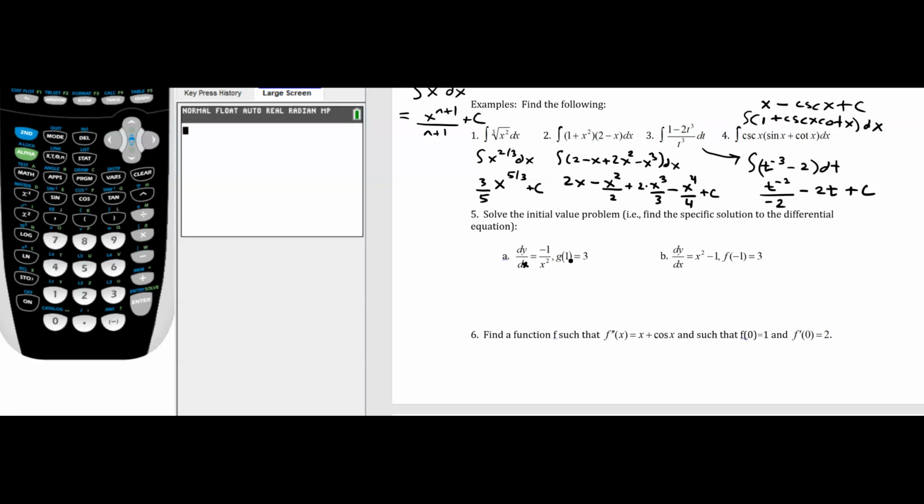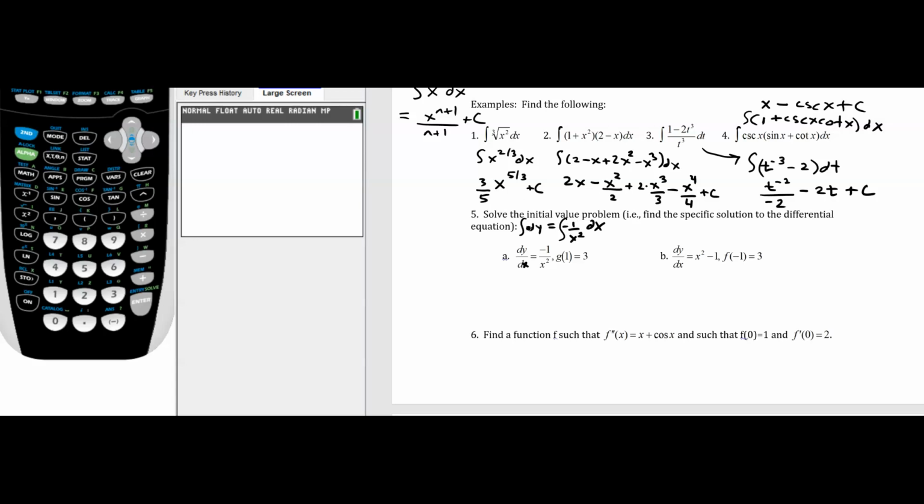And so a lot of times what I do with this is I bring the dx to the other side, and I know that might seem weird, but if you bring the dx to the other side, you say dy is equal to negative 1 over x squared times dx, and then I think about doing the antiderivative of both sides.